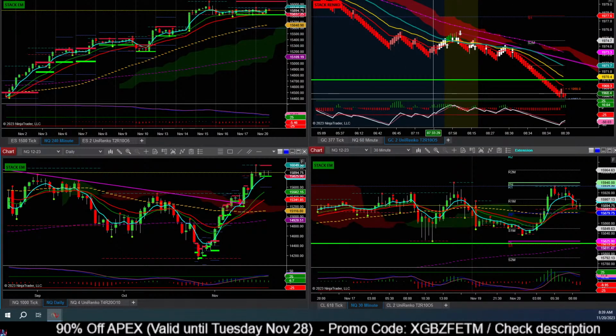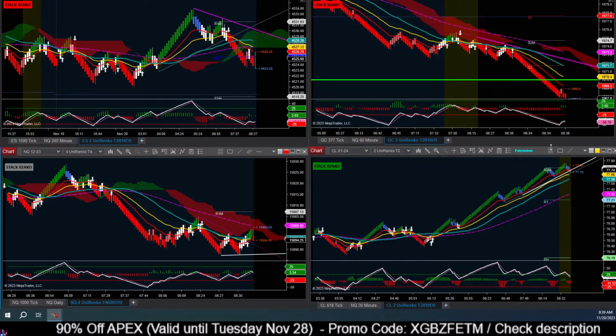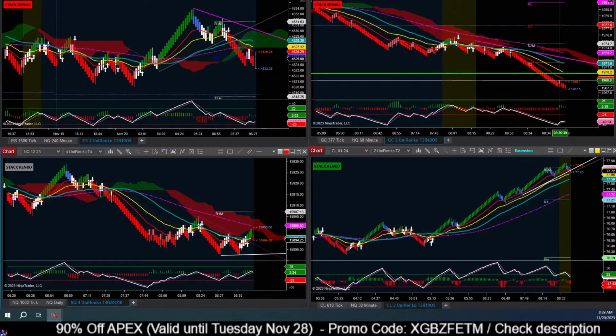A little bit of continuation on the week out of the 34, but it's in congestion now, so momentum is a little bit extended here, so it would be risky to take a trade after that move.